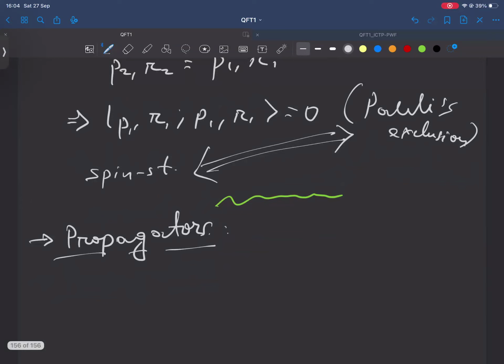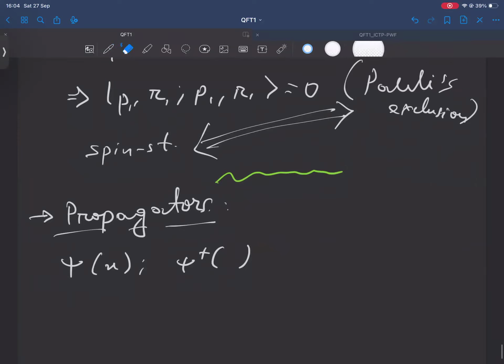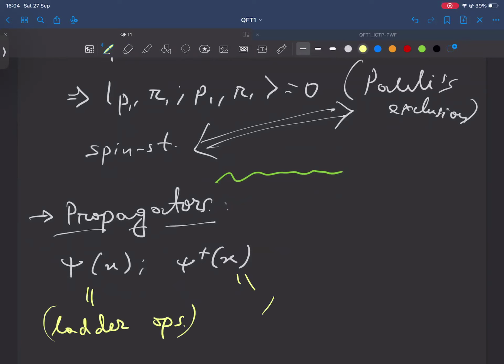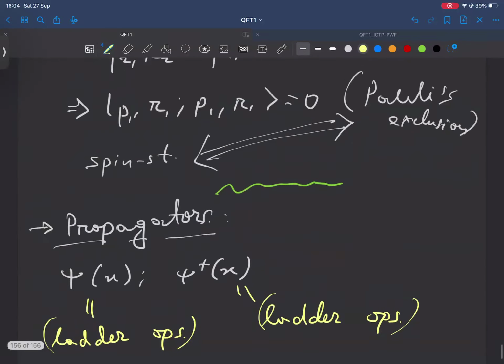So again, you take the expressions for psi x and psi dagger x as they were written in terms of the plane wave basis in terms of the ladder operators. I won't write down that whole expression, but you get what I'm trying to say.